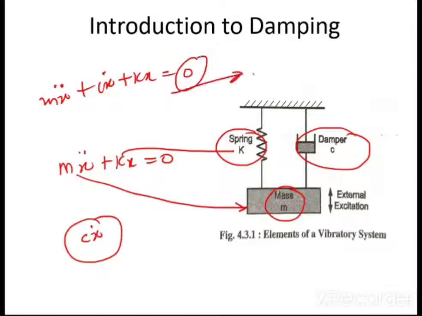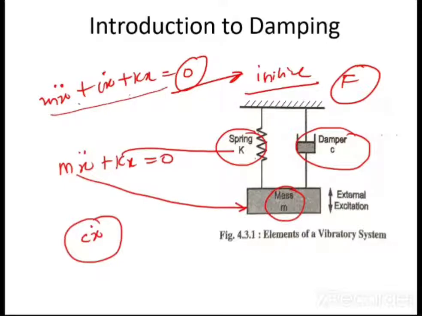Again it is 0 because we are giving only an initial displacement and not applying a continuous force F. Your aim is to derive this equation and find the natural frequency omega n or fn.